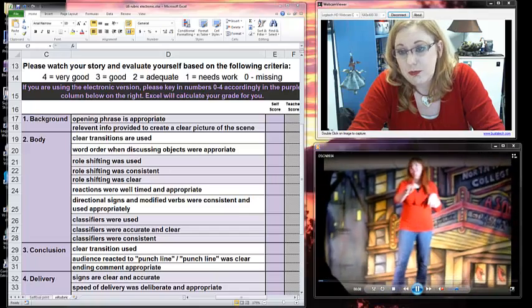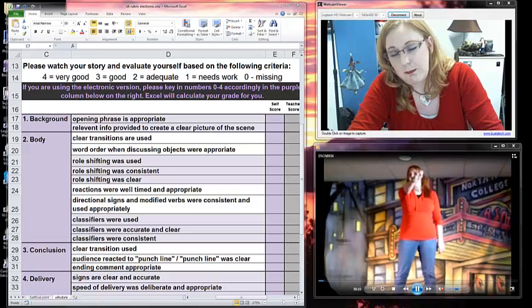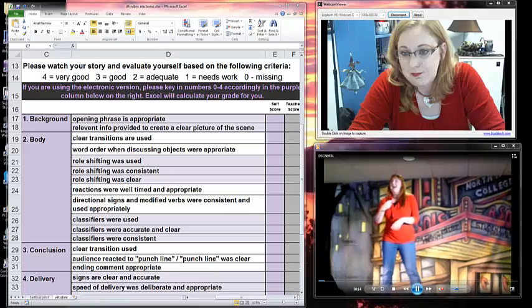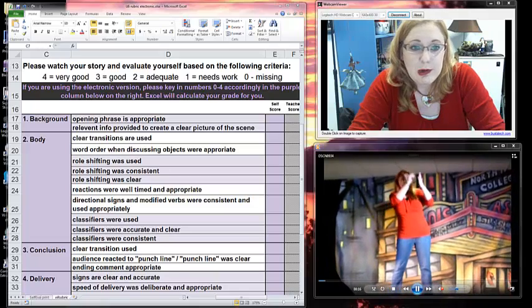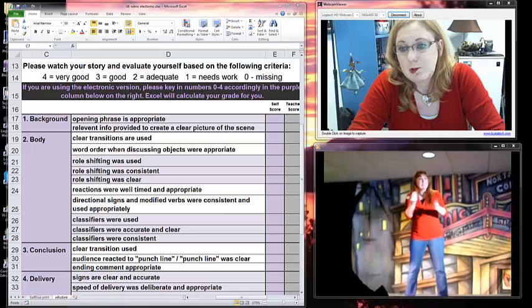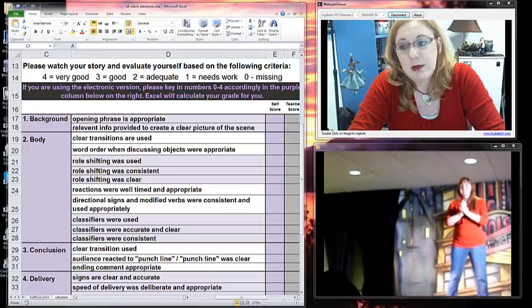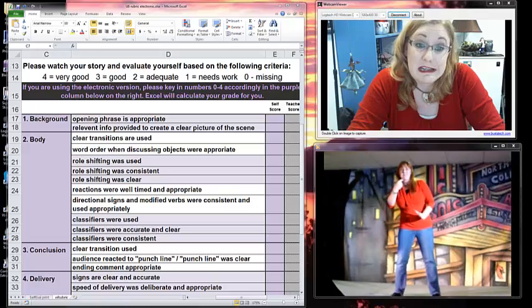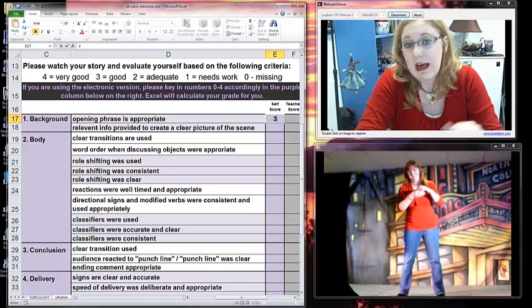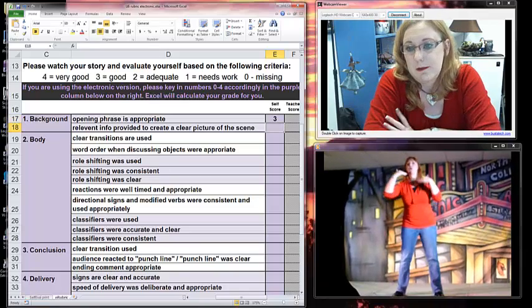Of course, you wouldn't be doing this in a classroom setting. Is it appropriate for the situation? Yes, it is. Then I do a little bit of extra explaining that I didn't need to do, so I'm going to give myself a 3 out of 4 right here.